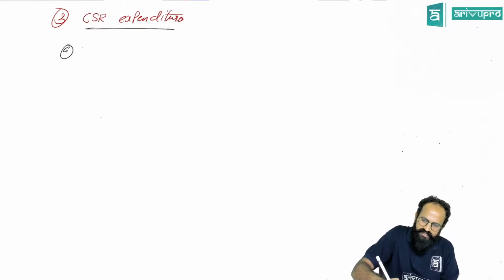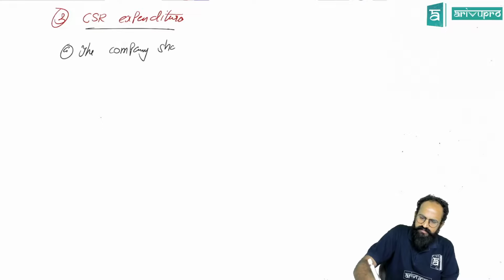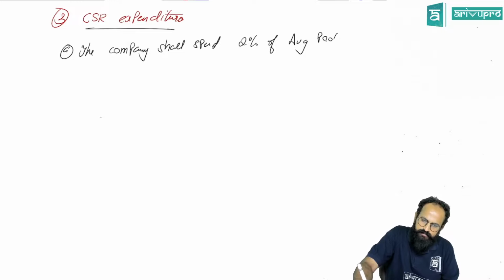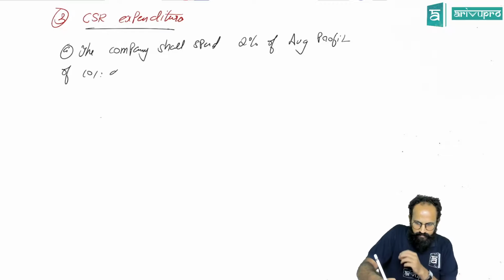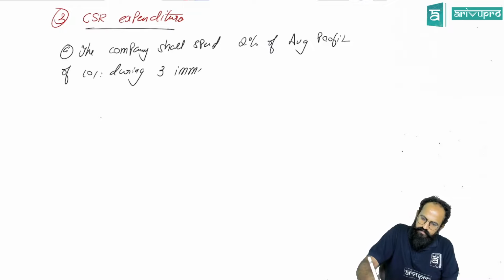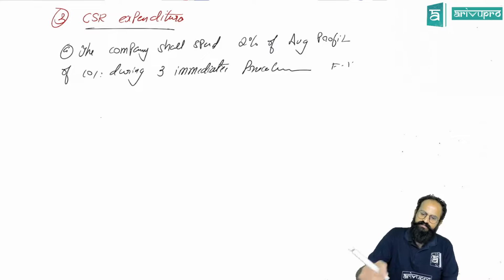Write down. The company shall spend how much? The company shall spend how much? You guys know. 2% of the average profits of the company during the 3 immediate preceding financial years.